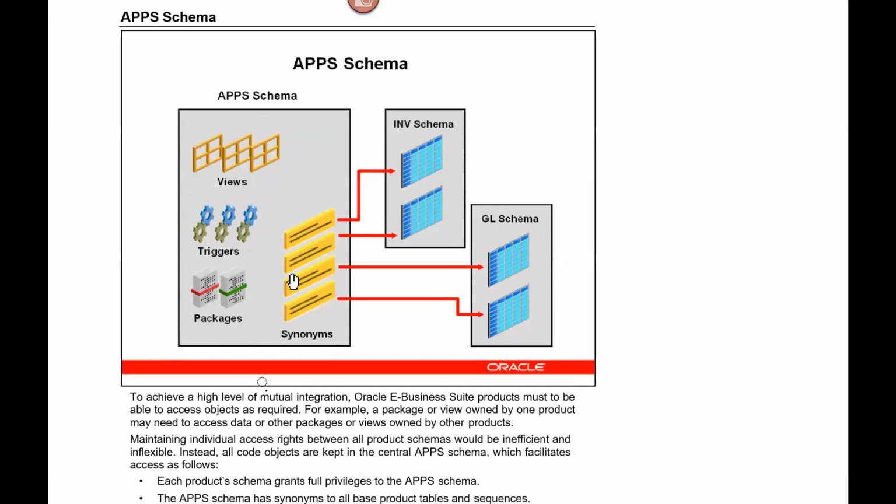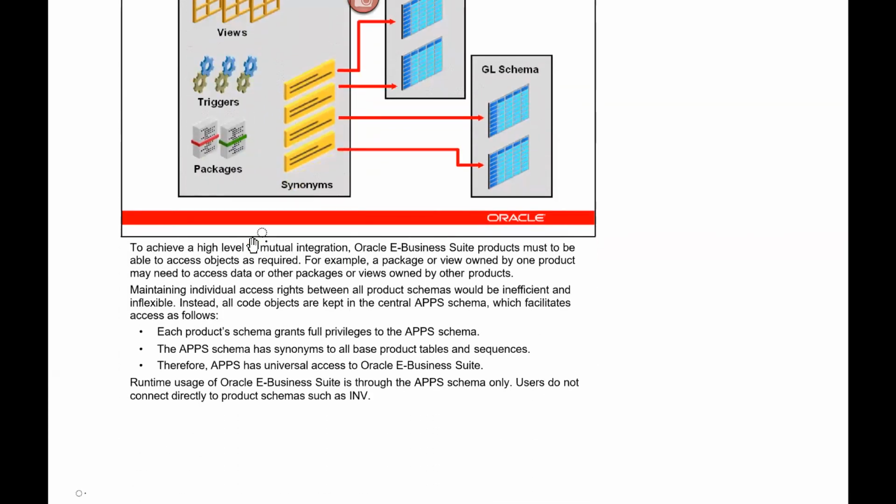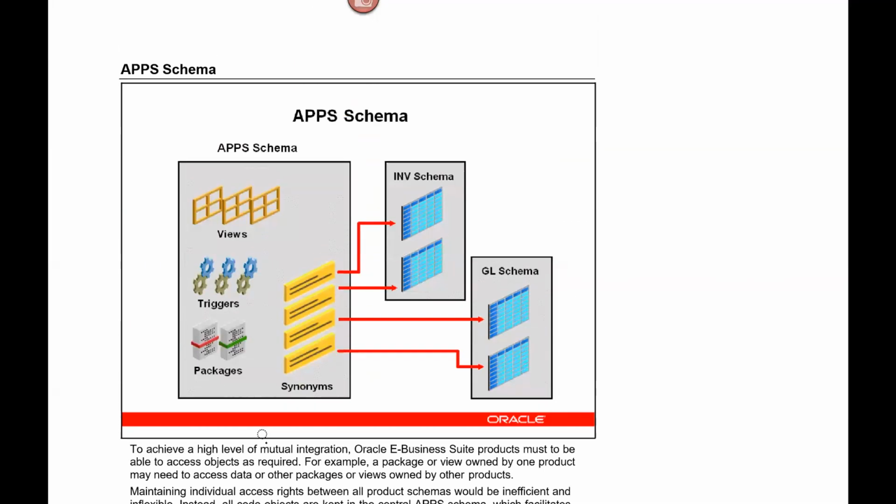This is telling how synonyms are created. The inventory schema has given grants, and from there the synonyms are created. That's why apps is called a consolidated schema. You connect to apps and you can access the tables of inventory and of GL. In short, the apps schema is not the owner of any table.